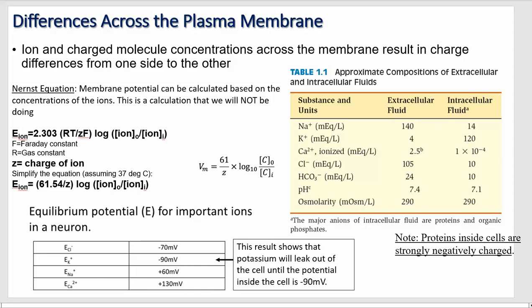Now down here we have an equilibrium potential. That's a little different and can be a bit confusing. It's not something we have to calculate, but it helps to really understand what it's saying. In a typical cell, I have marked the equilibrium potential for potassium. That's the one I'm pointing to.